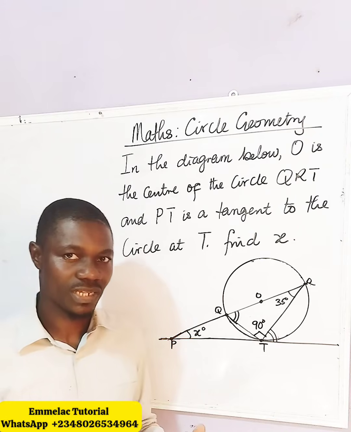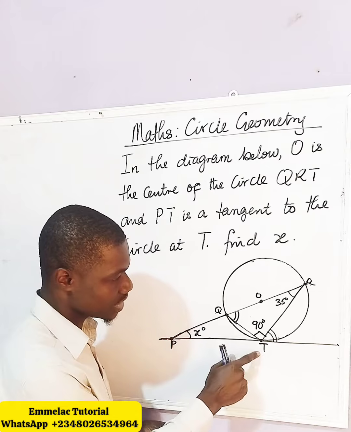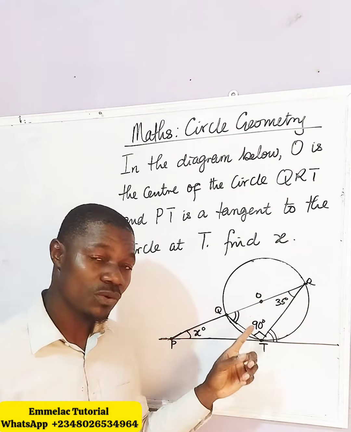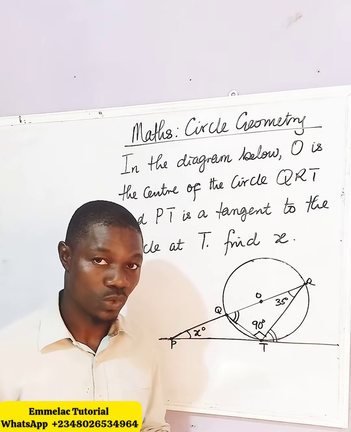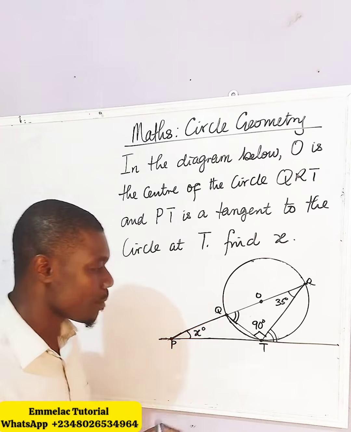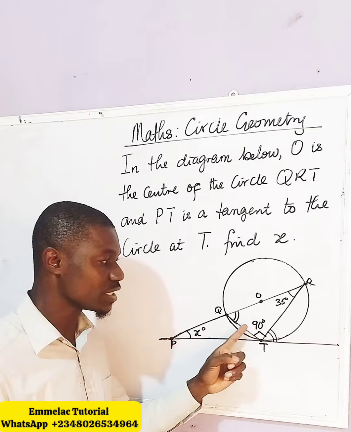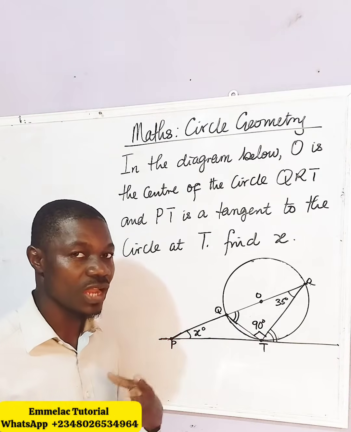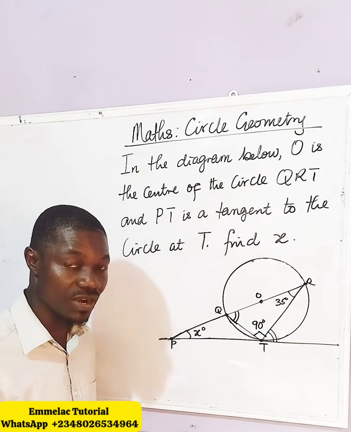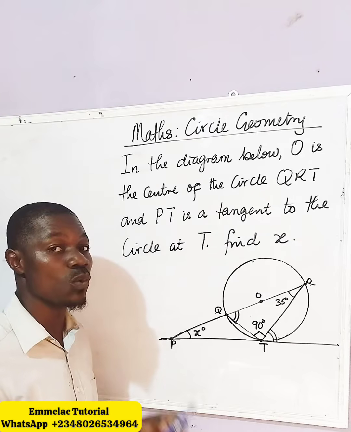Now the next thing we need to look at is triangle Q, T, and R. It's a triangle and it has two known angles with one unknown angle. So let us kickstart by finding the value of the unknown angle. In geometry, the sum of angles in a triangle must be equal to 180.